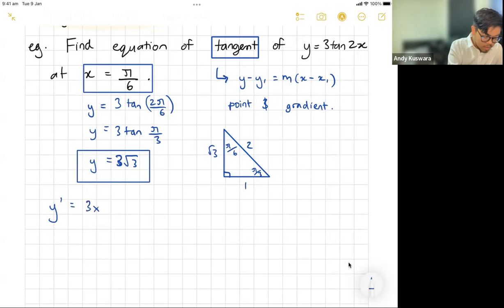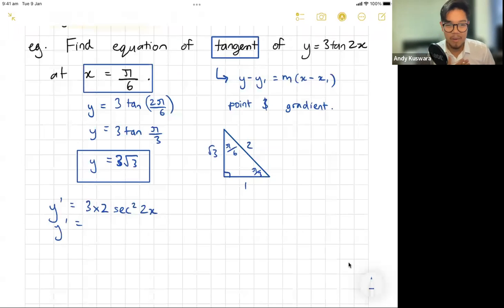I'll get 3 times 2, and then tan will differentiate to sec squared, and then my bracket stays the same. So there's my derivative, my y dash. Oh my goodness, what's wrong with my voice today? Okay, so with my derivative, now I've got 6 sec squared 2x.